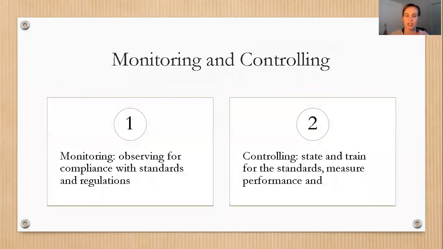So monitoring is really observing for compliance with standards and regulations. So we know we have community care licensing, which is a really big deal, health and safety of the children. We have that built into our programs in California, in that we need to be following licensing regulations all the time across the board in all areas.